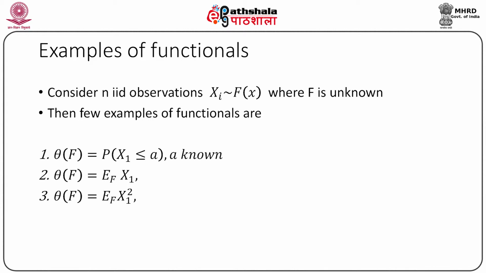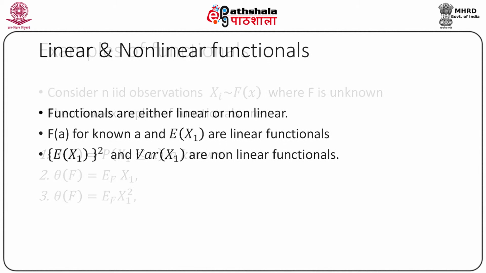As our last example, we consider the expected value of X square, where naturally the class contains all distribution functions with finite second order moments. A functional can be either linear or nonlinear.